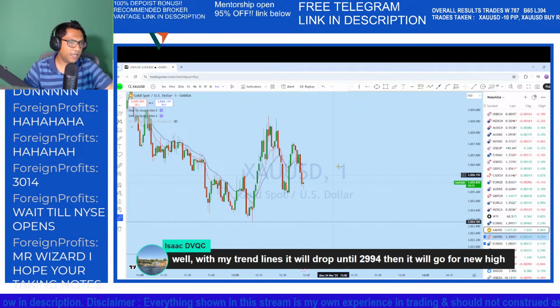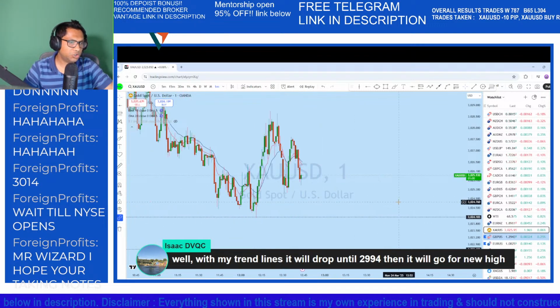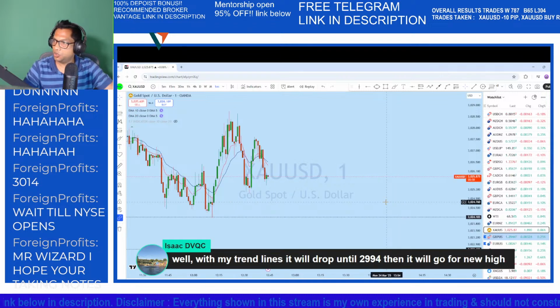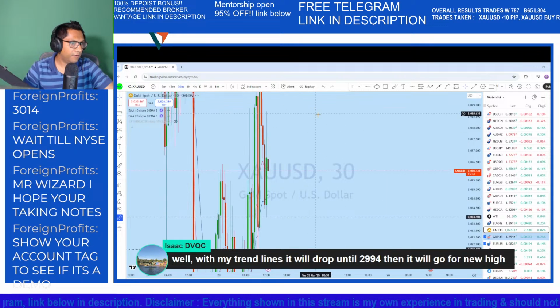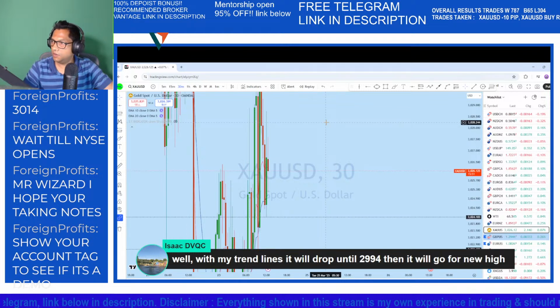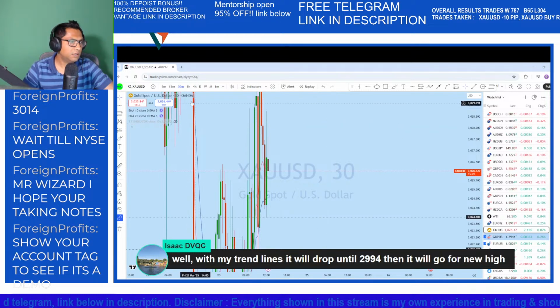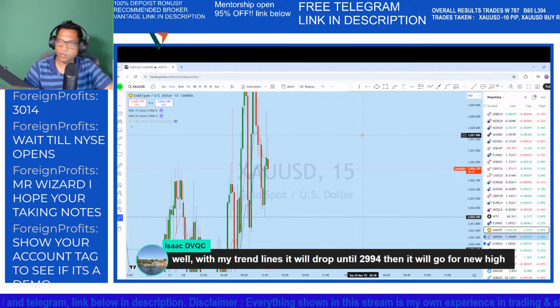We see that there is a narrow doji here, is still showing that possibly to have a short-term trend. This is very narrow at the moment.